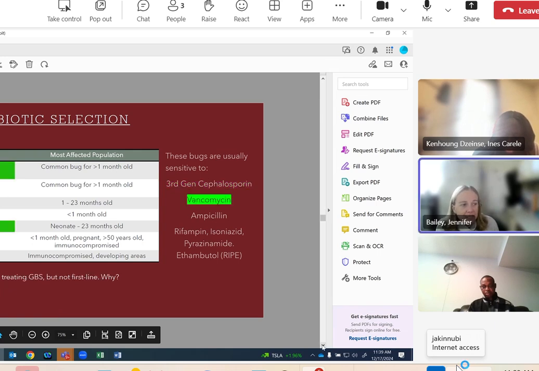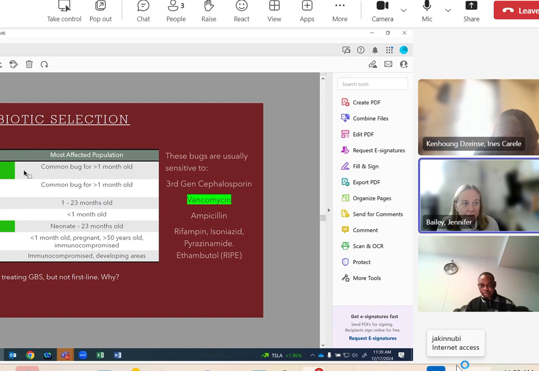The vancomycin is primarily added as a second drug to cover Streptococcus pneumoniae, just in case there is cephalosporin resistance. So the vancomycin isn't covering anything different. It's primarily double covering strep pneumonia. Does that make sense? So it's like an add-on drug.